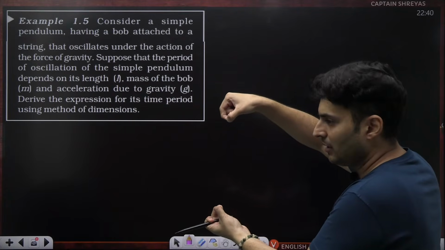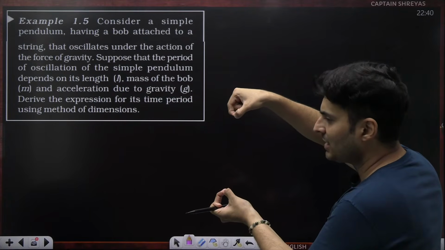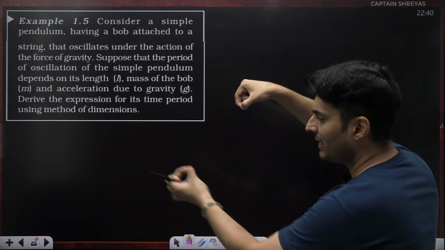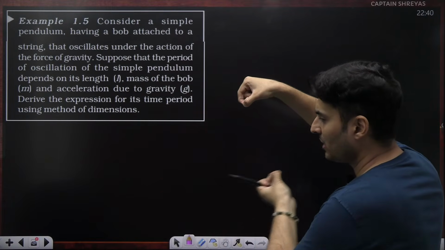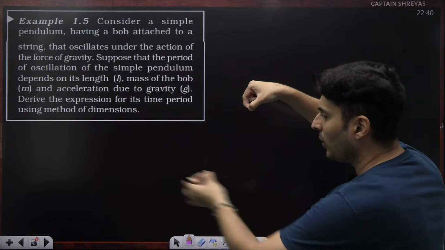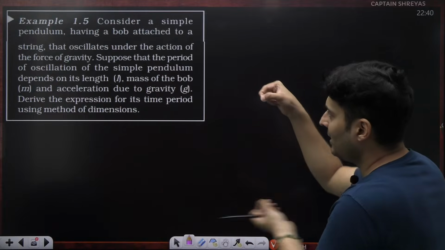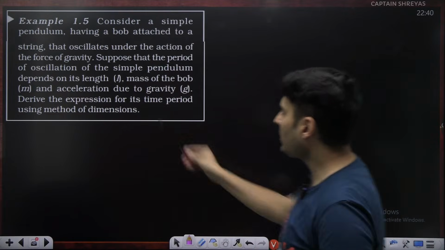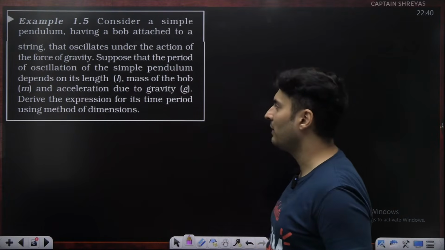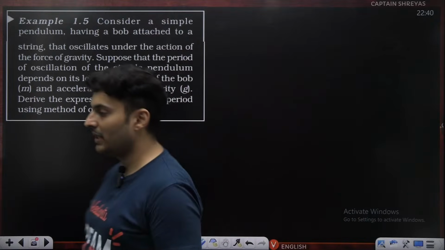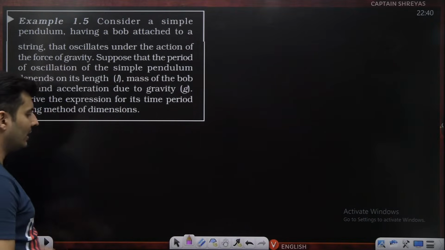You take a thread, a bob, meaning a small mass, is attached, and you move it to one side and leave it. It will go back and forth like this. How quickly it oscillates depends on the length, on the mass you have tied, and the acceleration due to gravity. Length, mass, and acceleration due to gravity. What do you think the time period will depend on? This is a very good example to understand it.